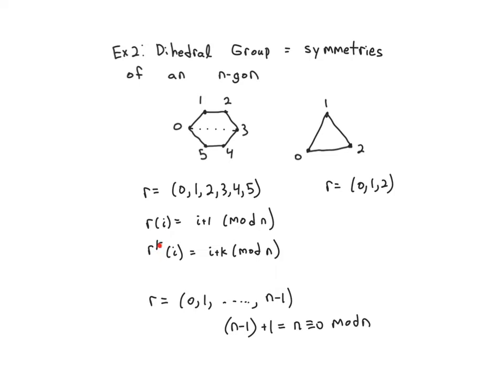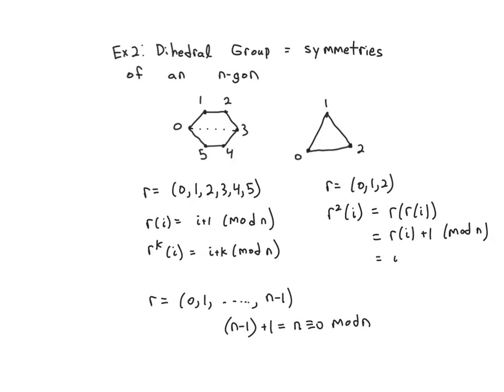What is the kth power? Well, if you're just adding 1 for the first power, adding 2 for r squared, then that's just r of I plus 1 mod n, right?